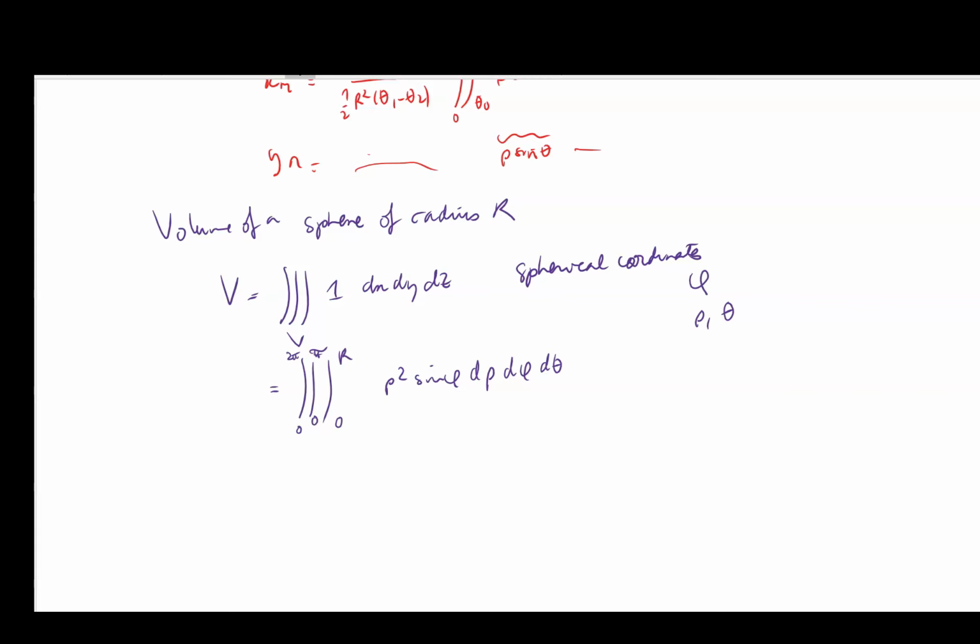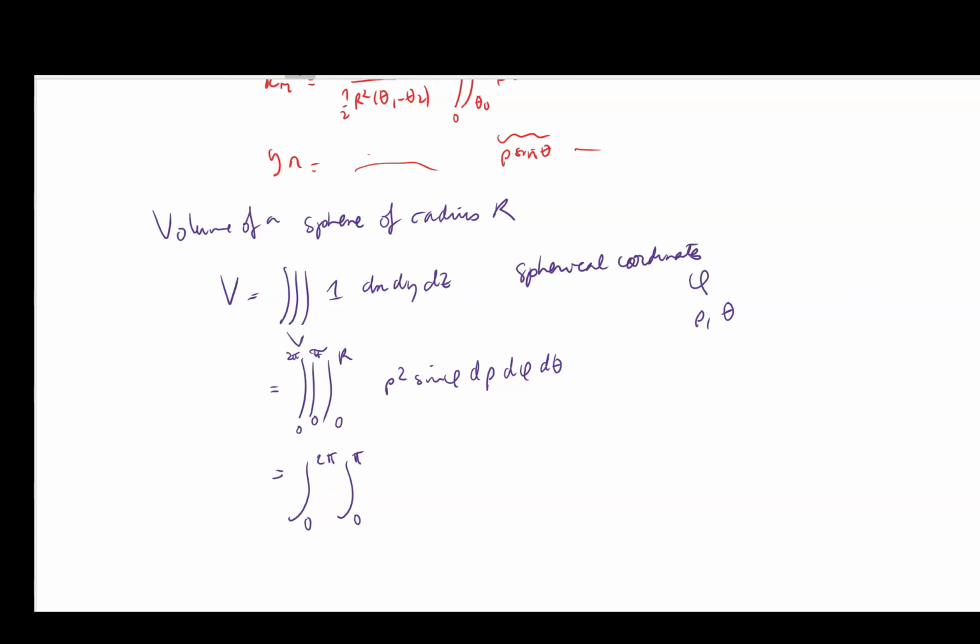Okay, so that's about it. We just have to do it calmly. So let's do the integration. Let's integrate with respect to rho first. The outer integrals just remain the same.